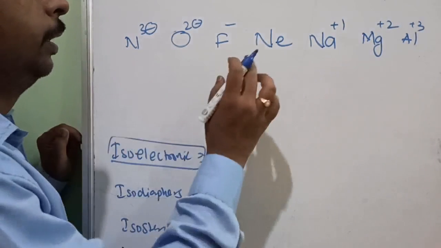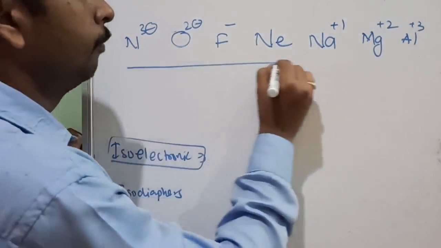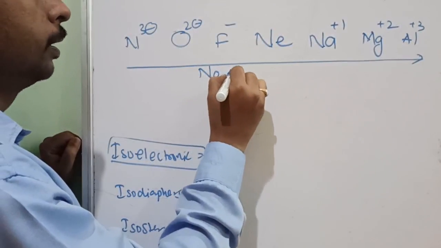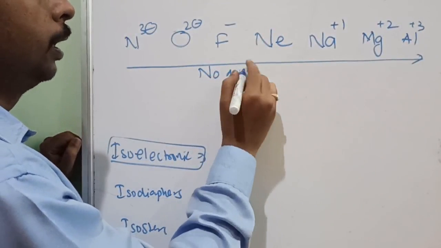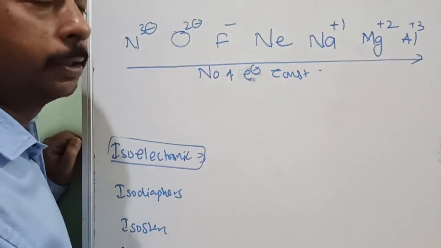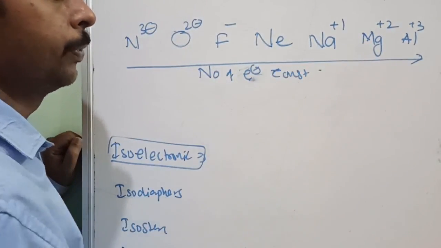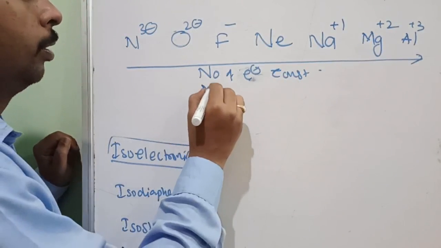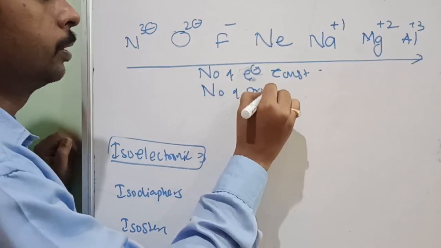Okay, everything is clearly visible now. From left to right there are some changes. The only thing constant is the number of electrons, not everything else. What happens to the number of protons?